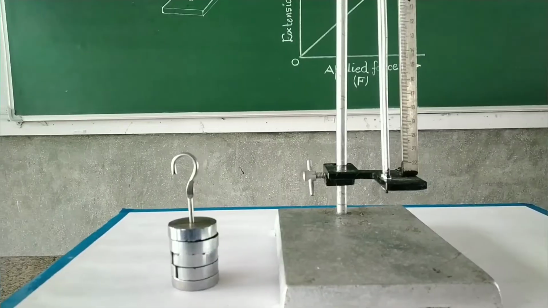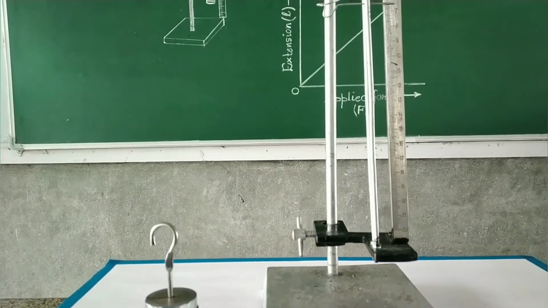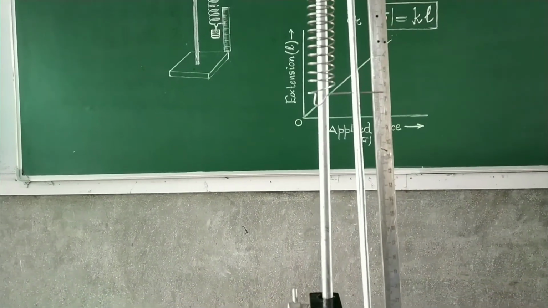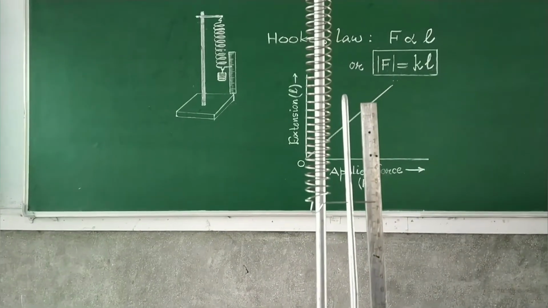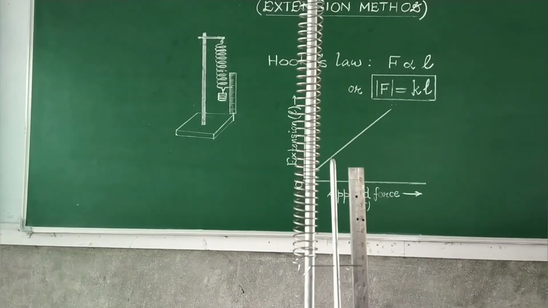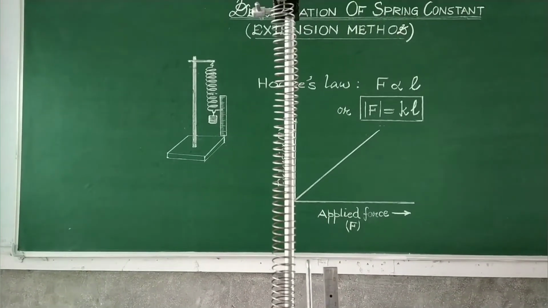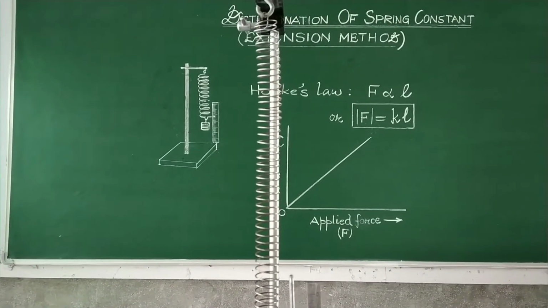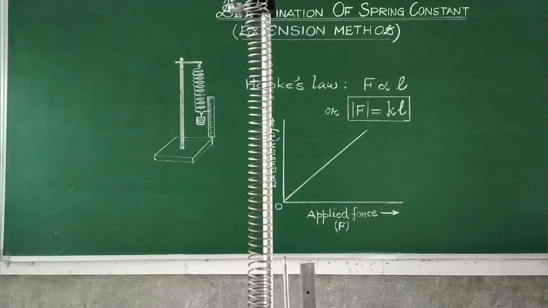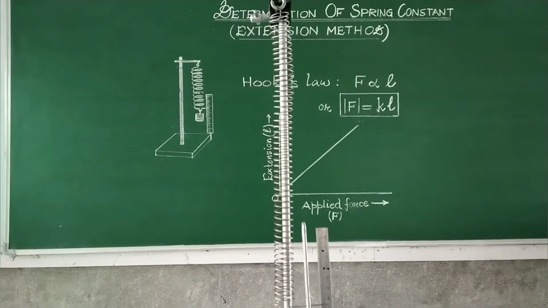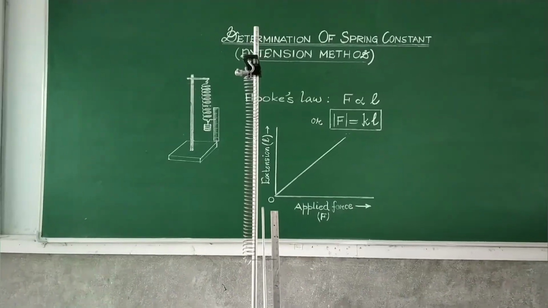It is to be attached at the free end of the suspended spring. As the slotted weights are increased in the hanger step by step, the extension of the spring is measured with the help of the vertical scale provided in the setup. This is how, by the extension method, the value of the spring constant will be calculated.